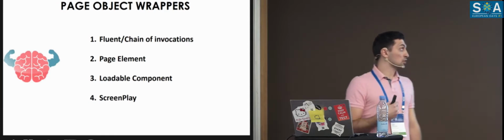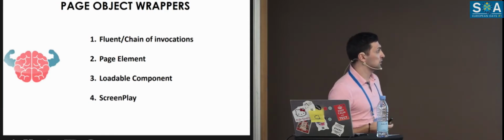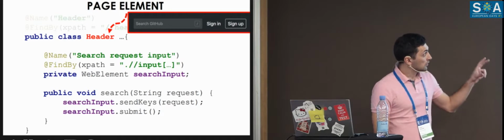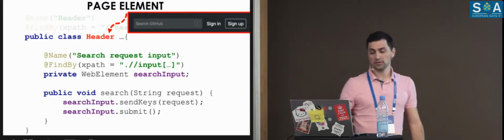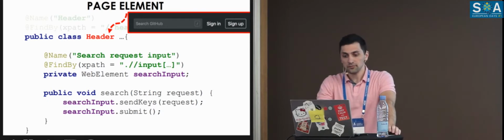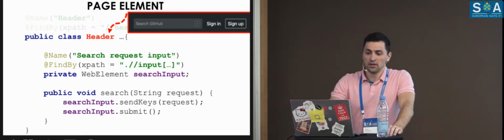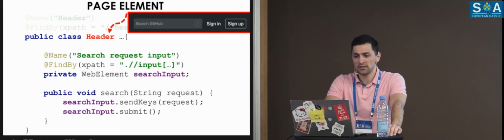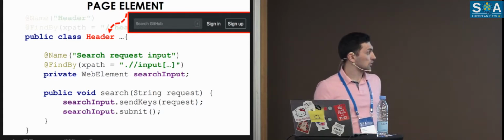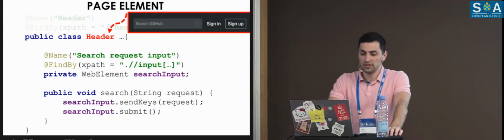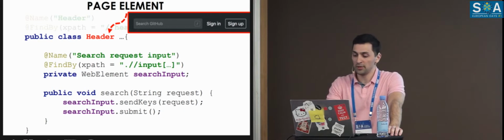In my test project, I prefer page element. On the slide, you can see a Gitter header, and I describe this header. I set a Java class, and I set a search input element, and add an additional method search to interact with this web element.